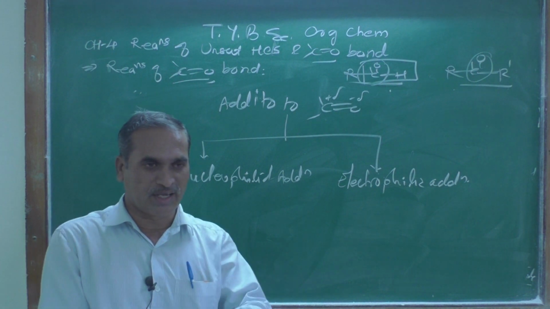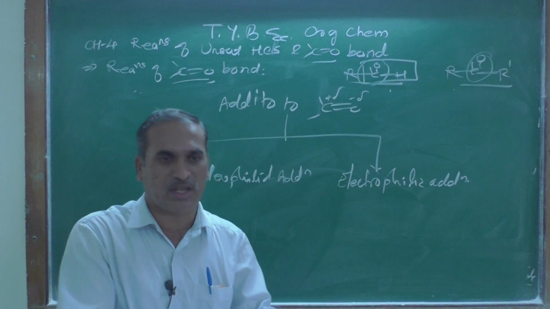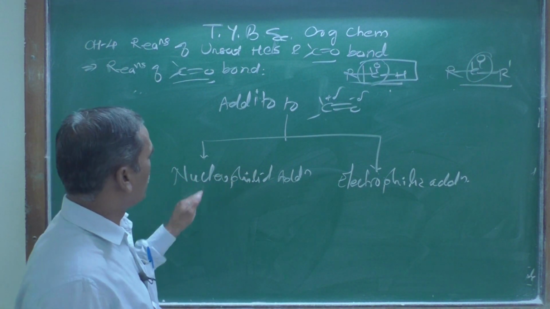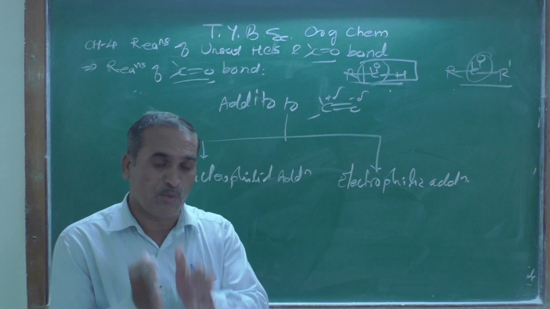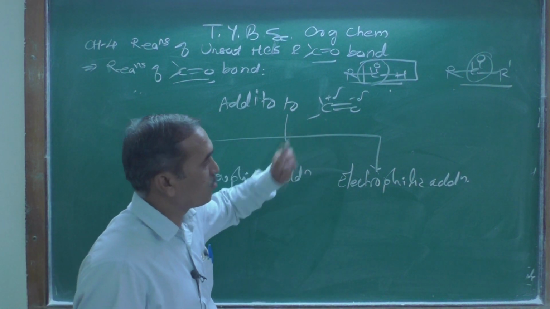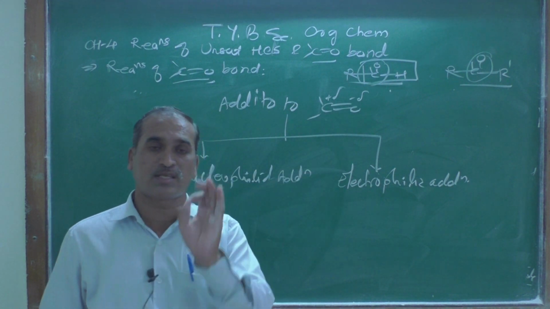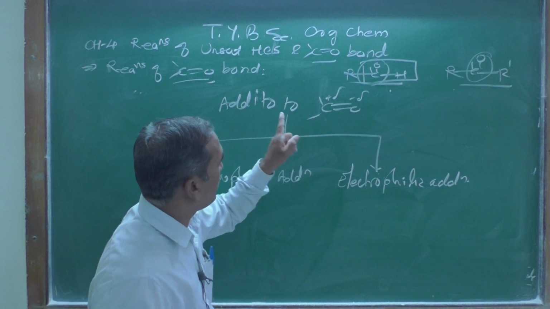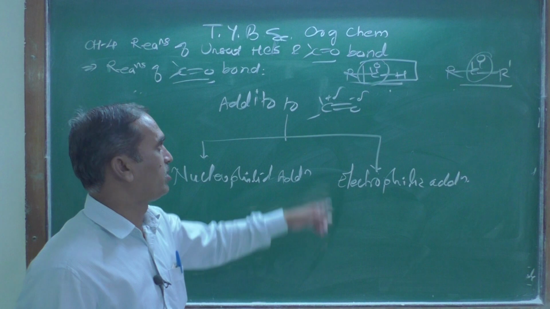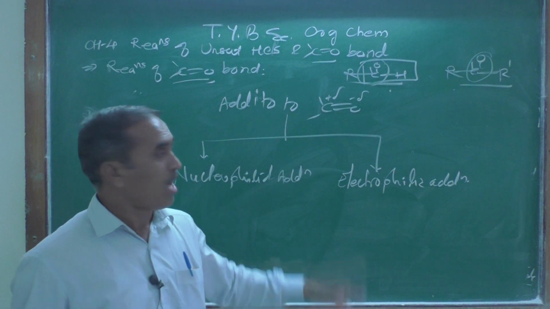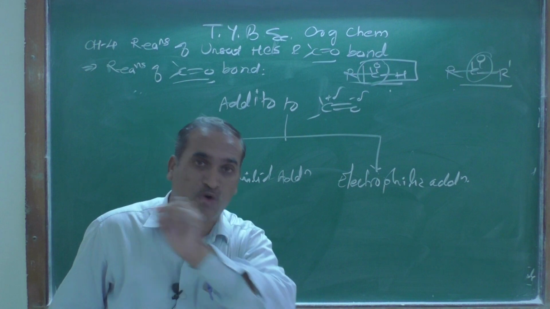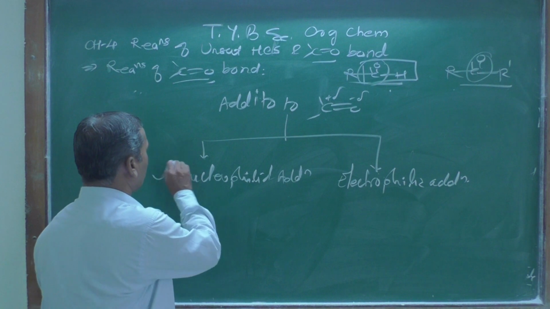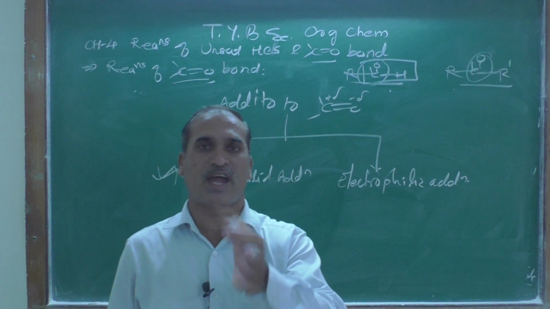How do you recognize whether it is a nucleophilic addition reaction or an electrophilic addition reaction? Nucleophilic addition reaction means the reagent first attaches to the carbonyl carbon. This carbon is known as the carbonyl carbon, which is sp2 hybridized, and when the reagent first attacks this carbon atom, which is electrophilic in nature, that is, when a nucleophile attaches to this carbon atom, that type of reaction is termed nucleophilic addition reaction.